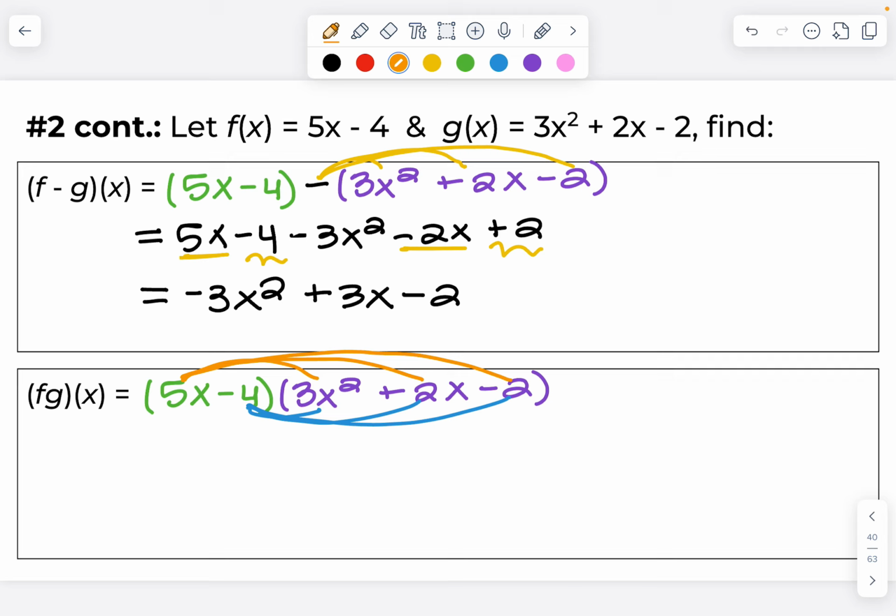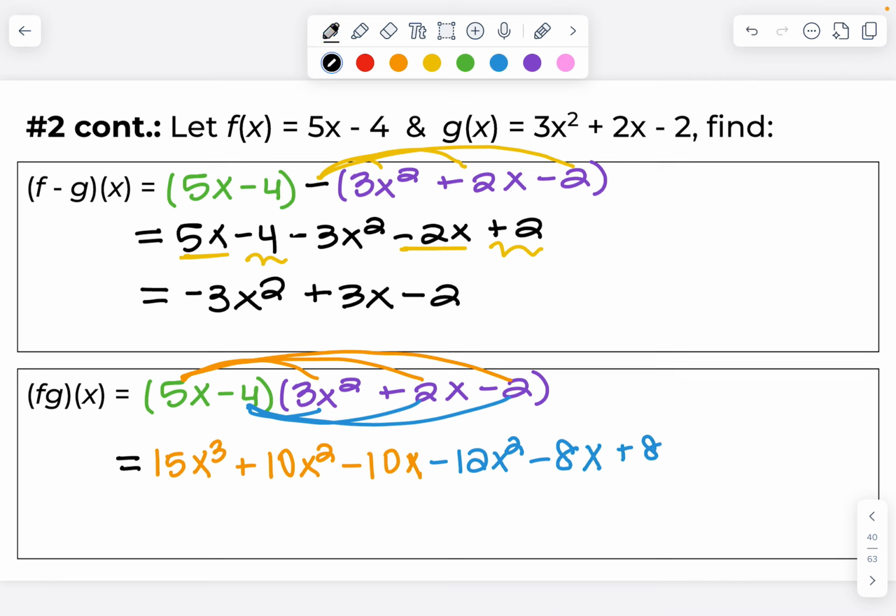See what you can come up with when you multiply this out. Okay, so that's what you should get when you multiply this one out.